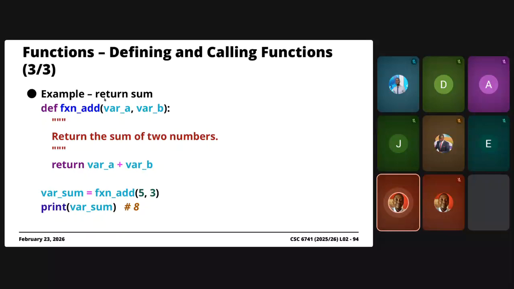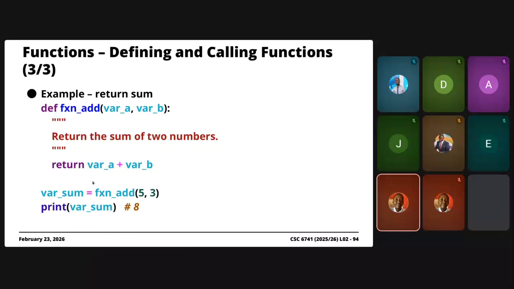I've defined a very simple program that adds two numbers. def, the name of the function is fxn_add. And then it takes two parameters. These are comma separated, var_a, comma var_b. Docstring, and then I'm just telling this function to return the result of adding whatever is here plus whatever is here.